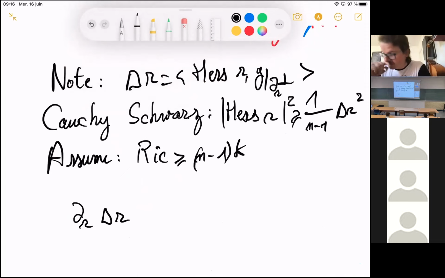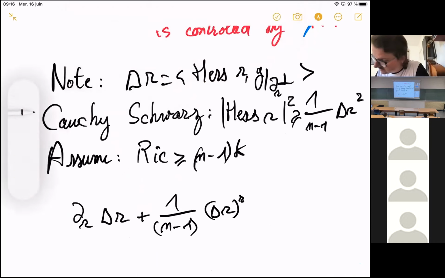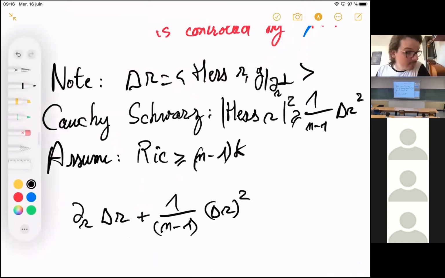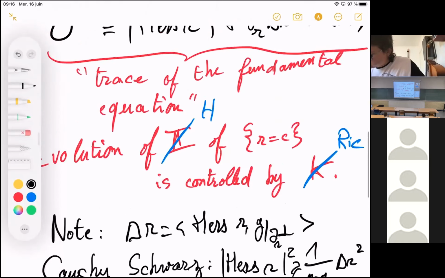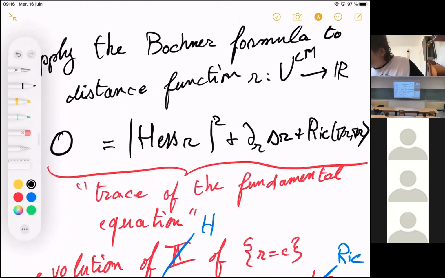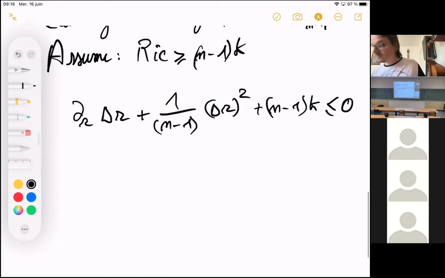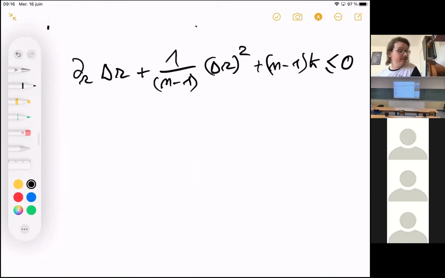The derivative in r of the Laplacian of r, plus 1 over n minus 1 times the Laplacian of r squared, plus n minus 1 times k, is less than 0, if I'm not mistaken. Really? Okay, I guess.